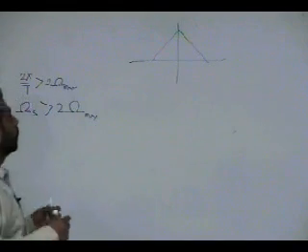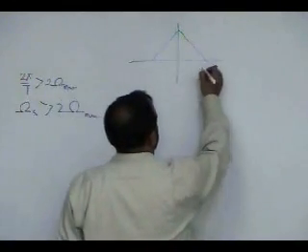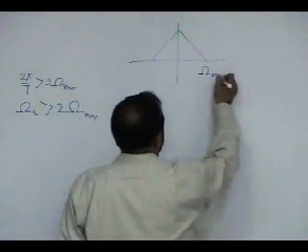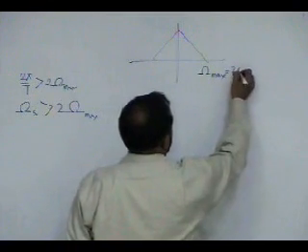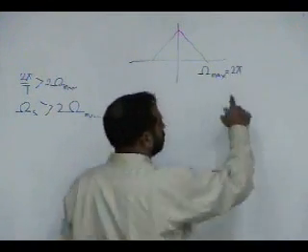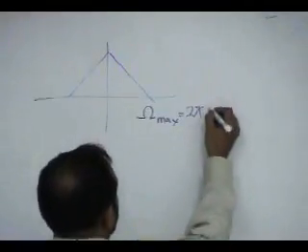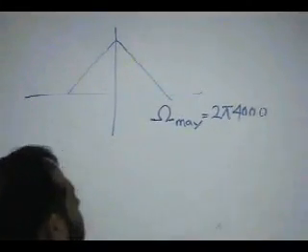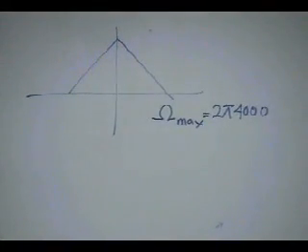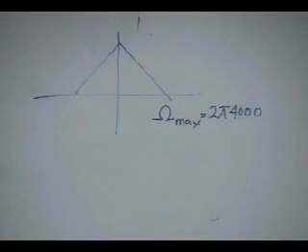Okay, so this is omega max. Let's say it is a 4 kilohertz signal, so omega max is 2 pi into 4000, in radians per second. This is how it is written. And now I ask you to sample it at 10 kilohertz, for example.